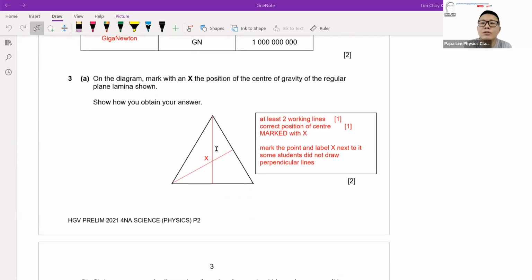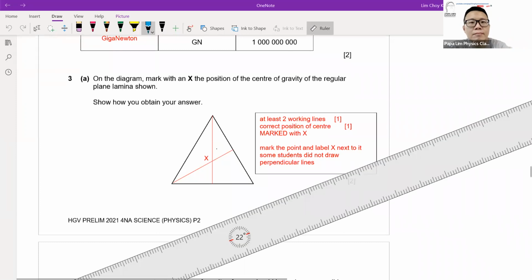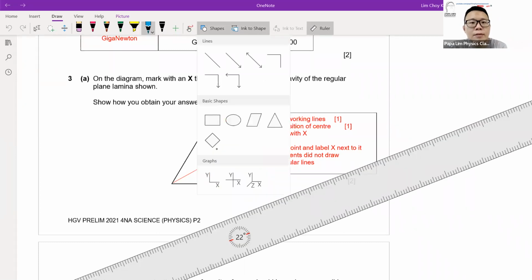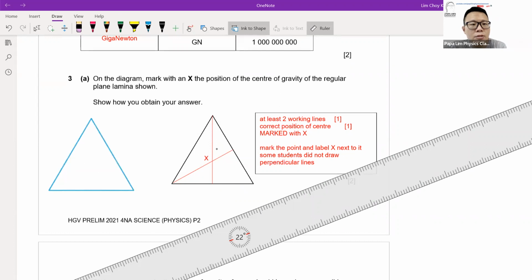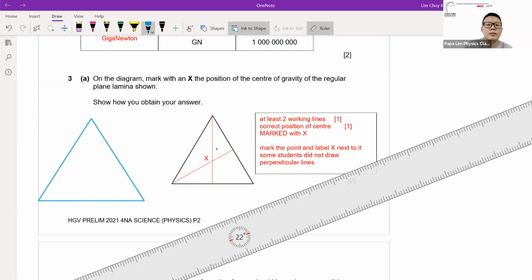Now, to find the CG of the object, what I would suggest students to do is to drop vertical lines. For example, if I'm given a triangle shape, how do I find the CG of this object?